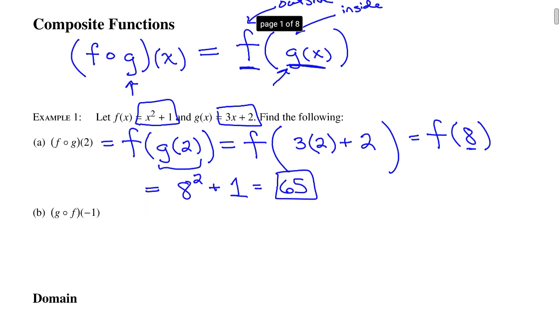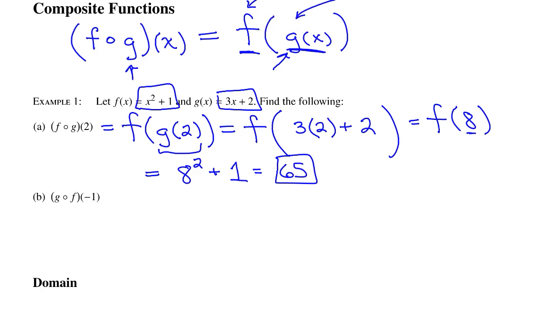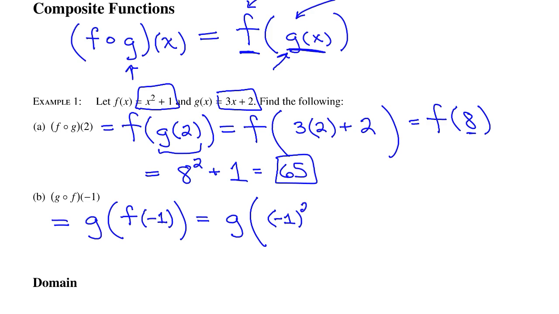Let's take a look at part B, g composed with f of negative 1. So now the g and the f are reversed, and so we have to take that into consideration here. This one is asking for g of f of negative 1. So first we evaluate negative 1 in the f function. So that's going to be g of negative 1 squared plus 1.